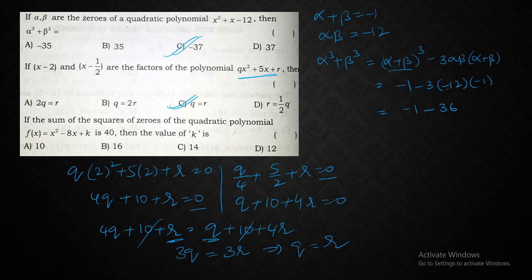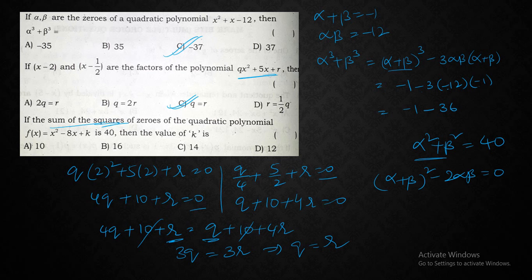Next, the sum of the squares of the zeros of the given polynomial is 40. So alpha square plus beta square is given as 40. Then what is the value of k? Already we know the formula: alpha square plus beta square is alpha plus beta whole square minus 2 times alpha beta.